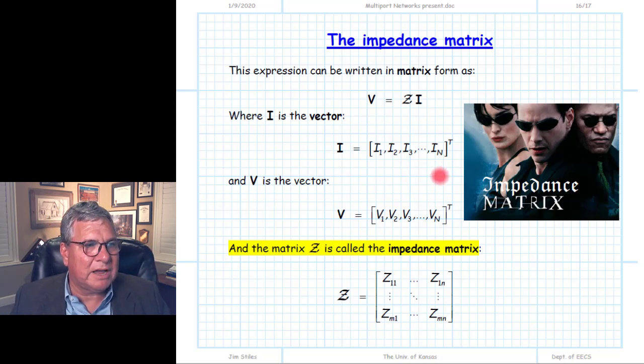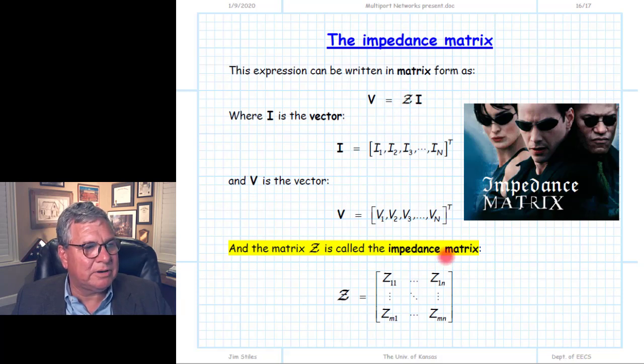If I have a 4-port device, then this current vector has 4 elements, and likewise the voltage vector has 4 elements. The relationship between this voltage vector V and this current vector I is the matrix, the impedance matrix Z.